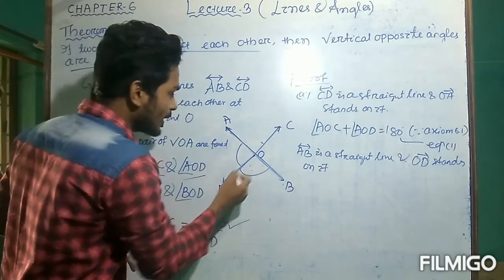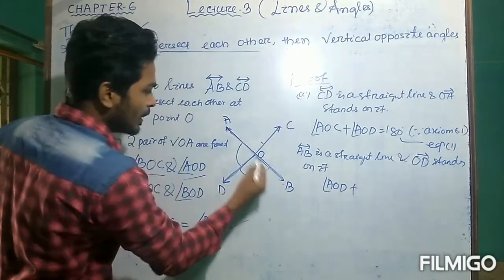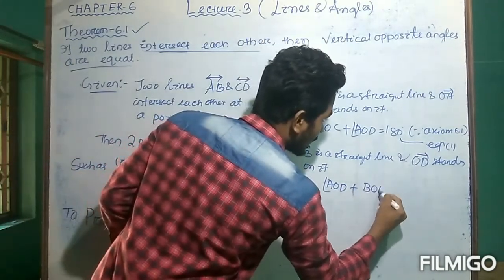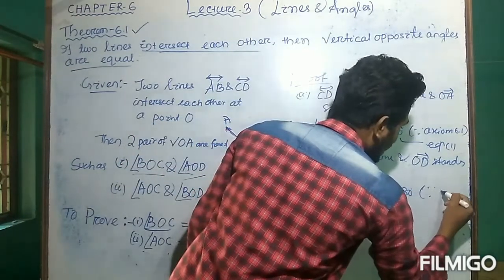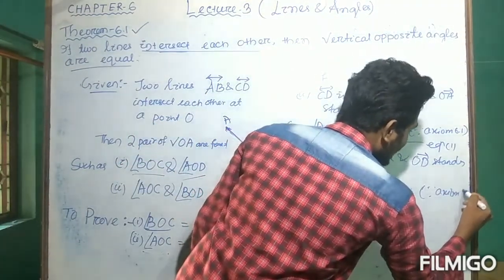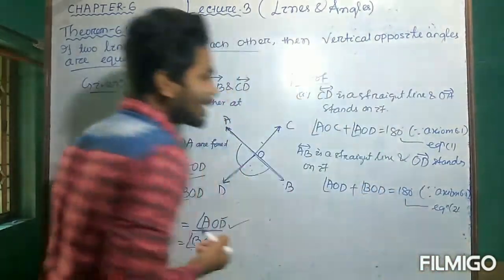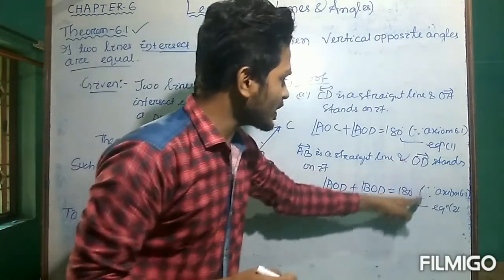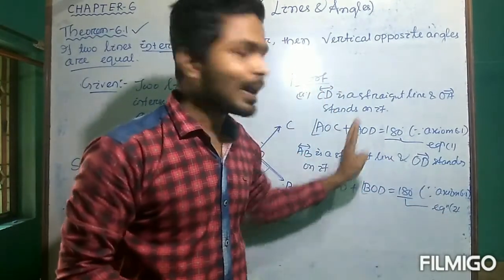So write AOD plus BOD is equal to 180 degree. It is because of axiom number 6.1. This is equation 2. Now let us compare these two equations. In equation 1 and equation 2, you can see their right hand side are equal, 180 degree.